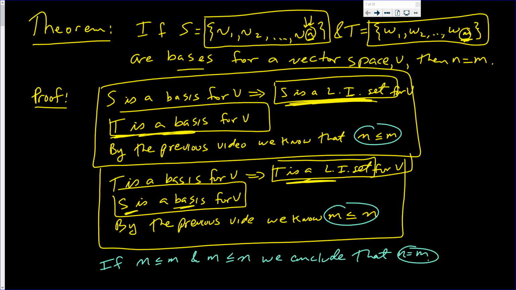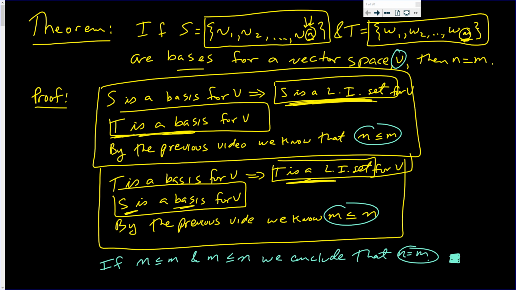Two bases for the same vector space V have to have the same number of elements. That completes this theorem. It's a very important one.